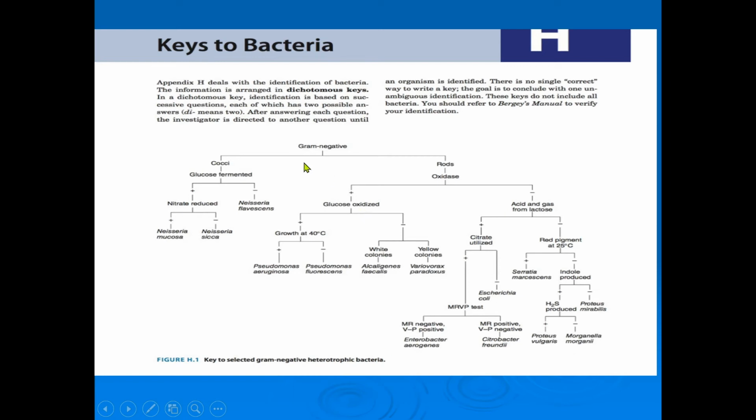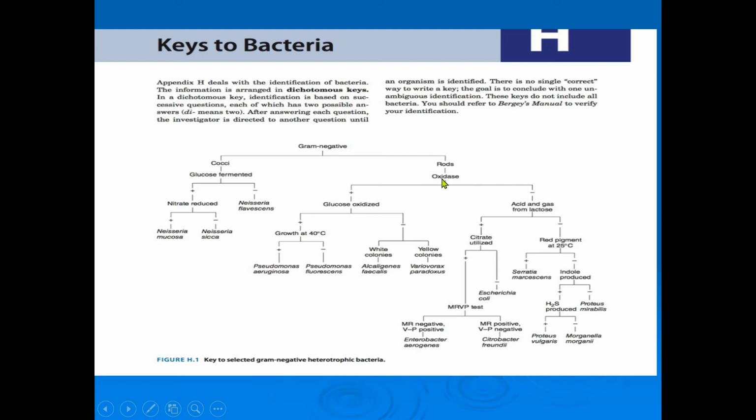So this is a dichotomous key for gram-negative heterotrophic bacteria. So it's a shape. After gram staining, you separate them out according to shape. So if it's cocci, gram-negative cocci, for most of the bacteria the presumptive identification should be Neisseria, the genus Neisseria.